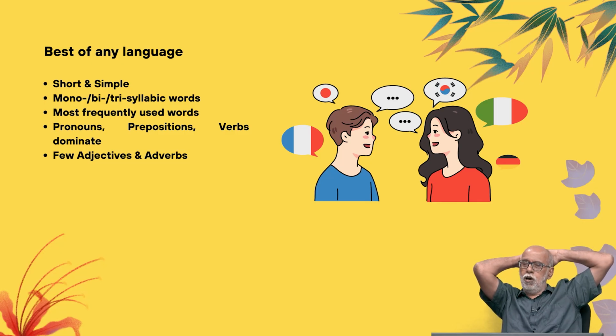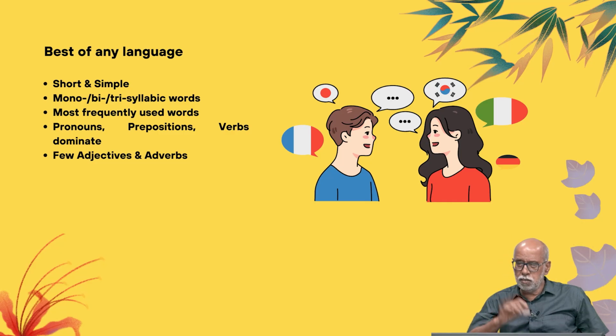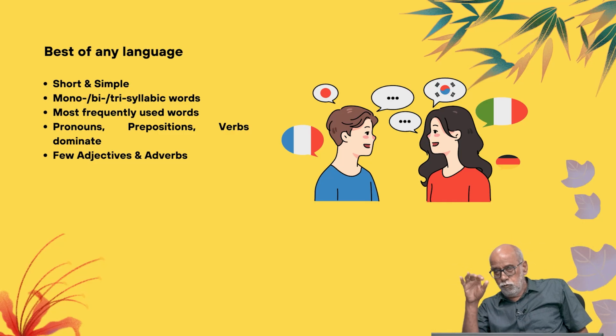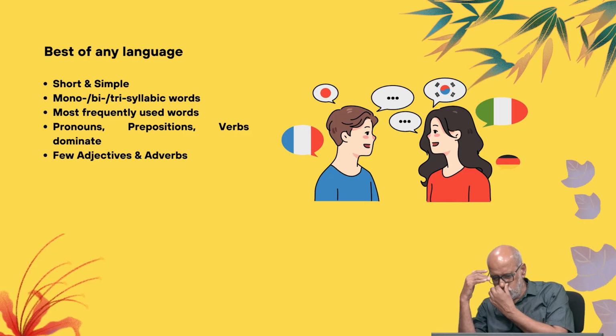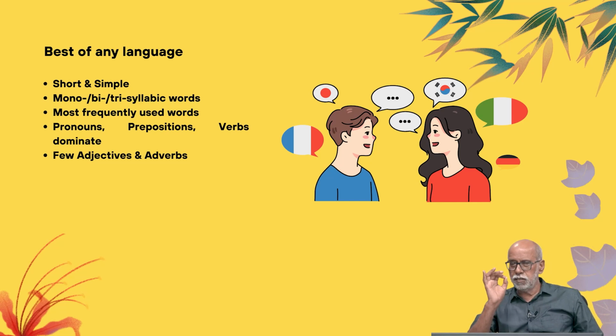No matter who you are, in one breath pulse, one contraction and expansion of the lung, which is where we get air from to speak, you produce only one vowel.